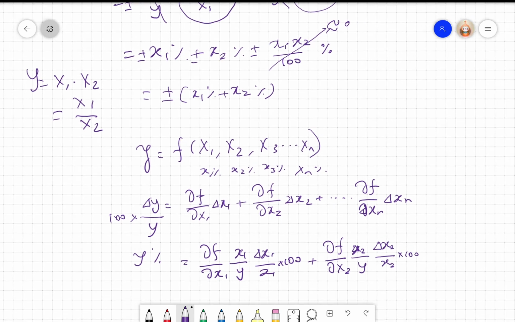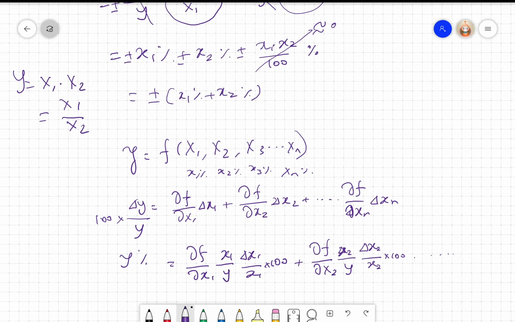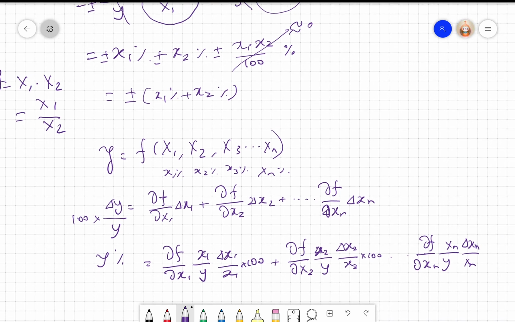So I can do this till I get dou f by dou xn, again divided by y, xn delta xn by xn into 100.